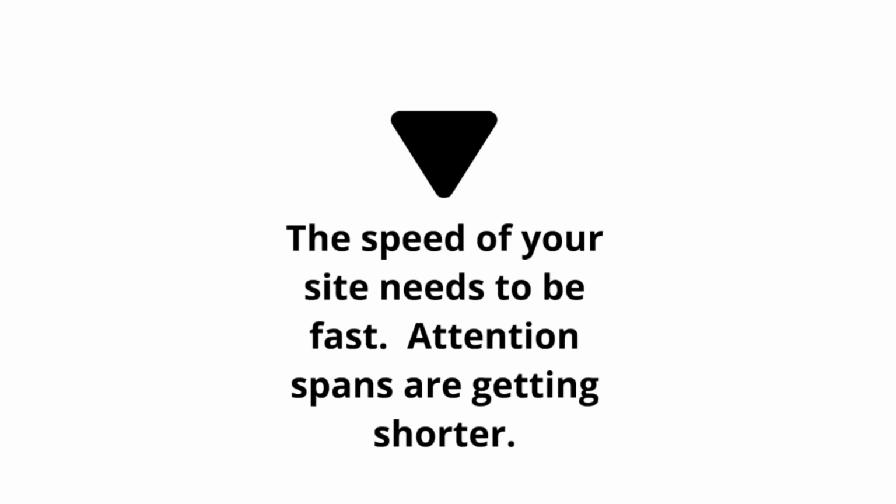Because a lot of times people overlook this factor and they go straight to the engagement plugins, or they go straight to the content, and they don't know why people leave. Well, if you think about the root cause of it all, it is because the speed of your site needs to be fast. And that's kind of a no-brainer. So attention spans are getting shorter and shorter. And that is why you need to look at that first.